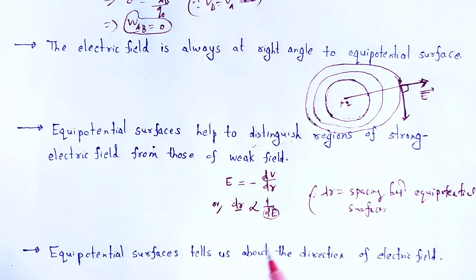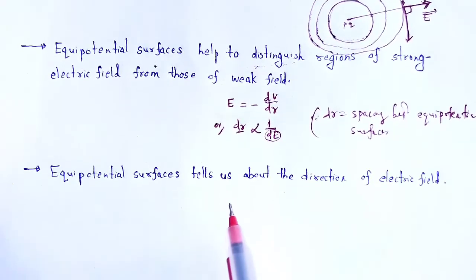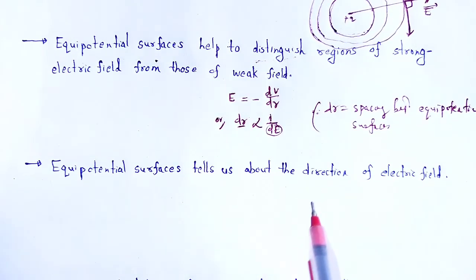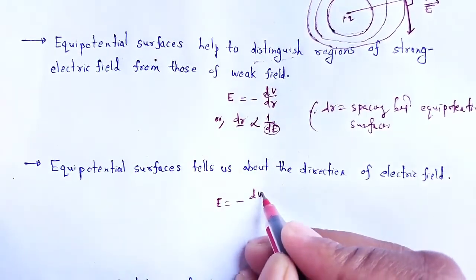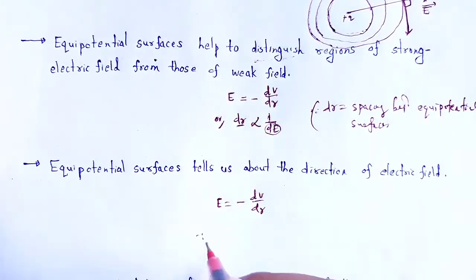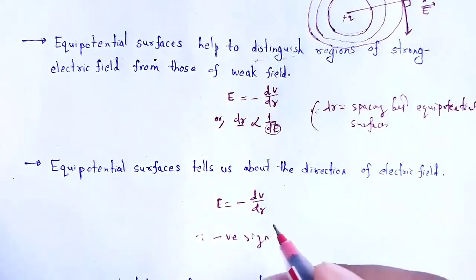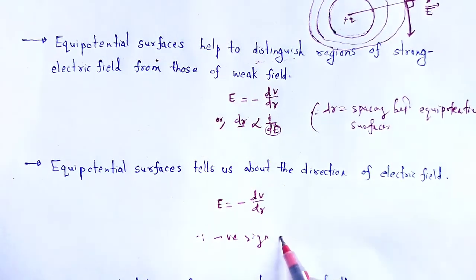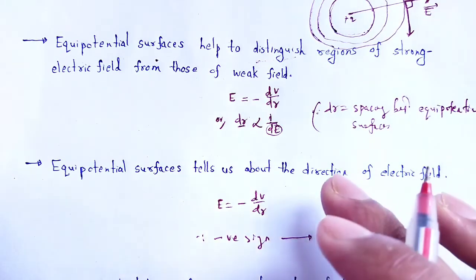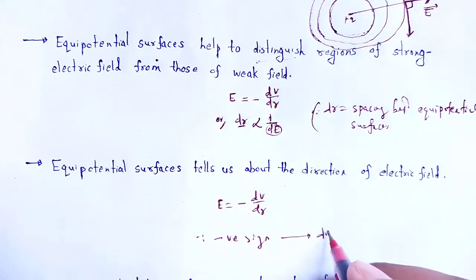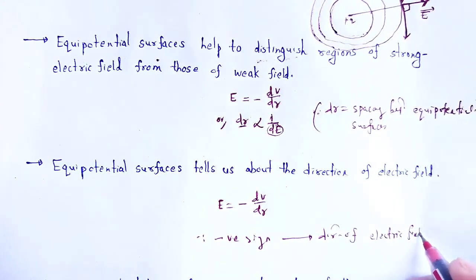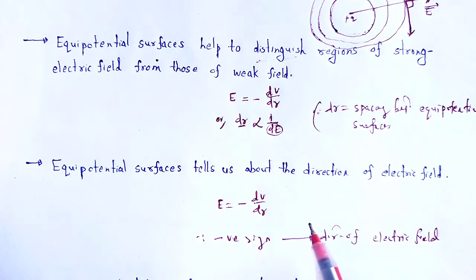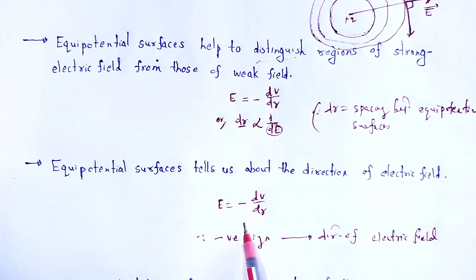Next property: equipotential surfaces tell us the direction of the electric field. How? Since E is equal to minus dV by dr, the negative sign shows that the direction of the electric field is that in which the potential decreases.